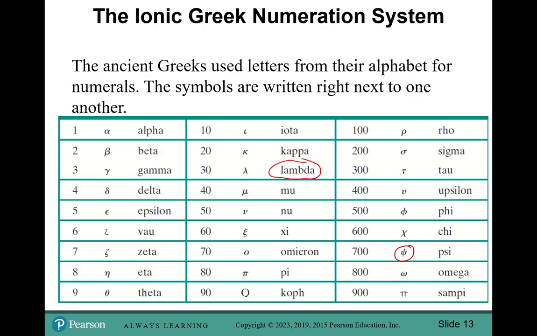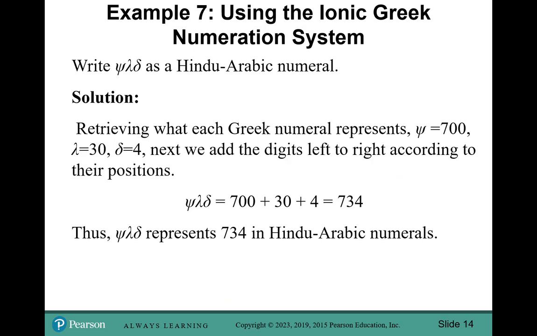And then if we look at this other symbol and try to match it, it looks to me to be a delta, which is a 4. So we have 734. All you do is add those numbers together, 700 plus 30 plus 4, and we get 734, which is our Hindu-Arabic numeral.